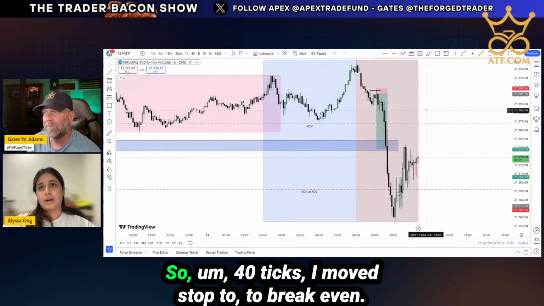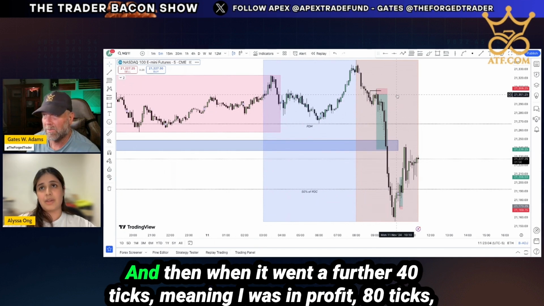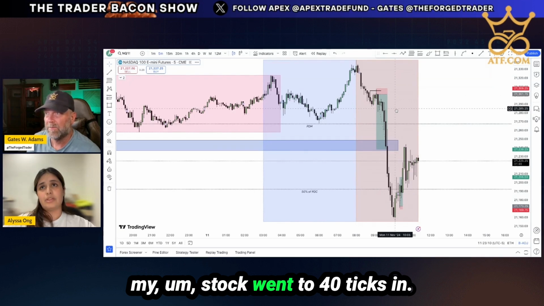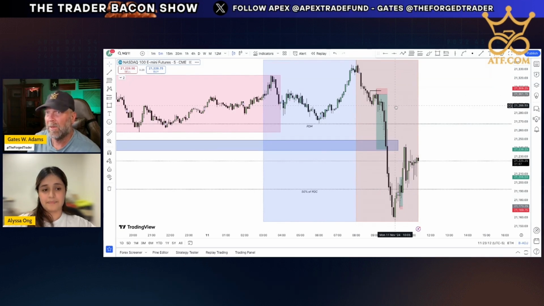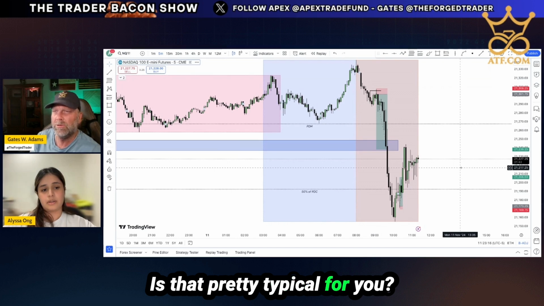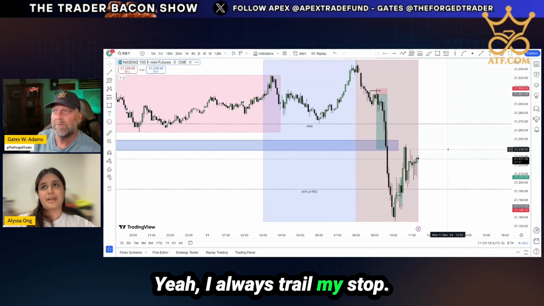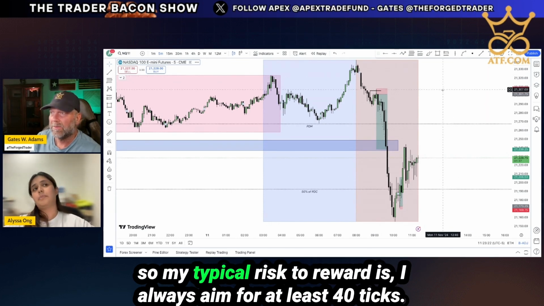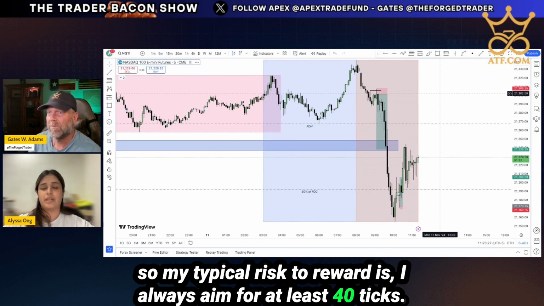So at 40 ticks, I moved my stop to break even. And then when it went a further 40 ticks, meaning I was in profit 80 ticks, my stop went to 40 ticks in. And I just let it run. You're trailing as you go. Is that pretty typical for you? Yeah, I always trail my stop. So my typical risk to reward is I always aim for at least 40 ticks.